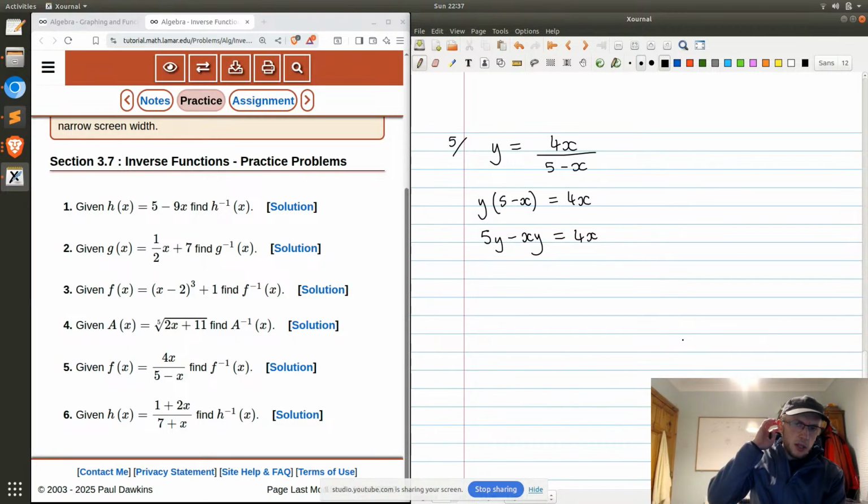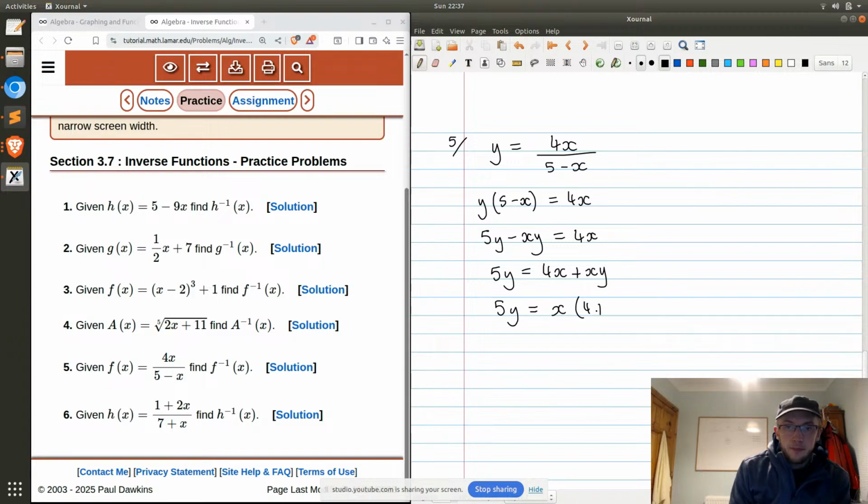But why would I do that? Because now it seems almost impossible to get x by itself. Move this negative xy over to the other side. Just like that. And the goal here is to factor out x like this. And then we can get x by itself by dividing by 4 plus y.